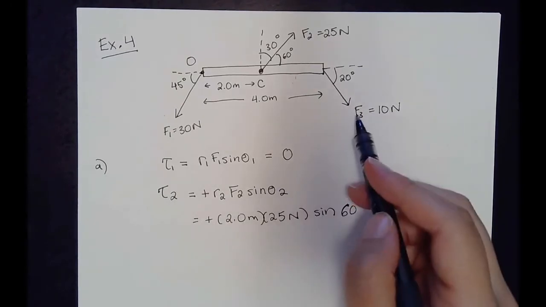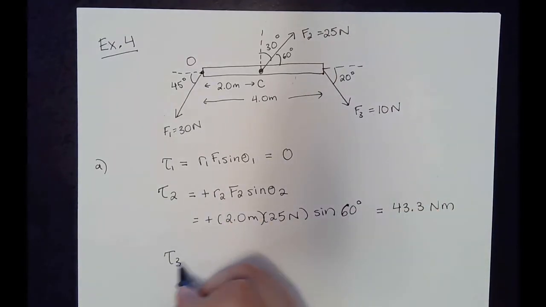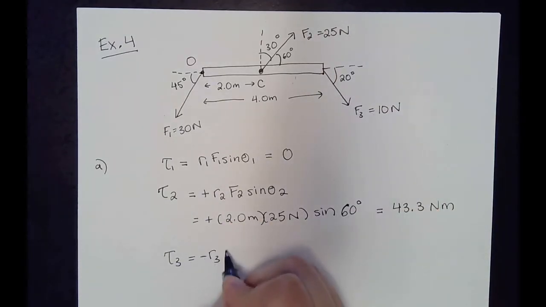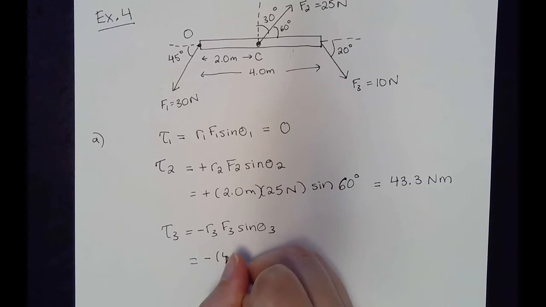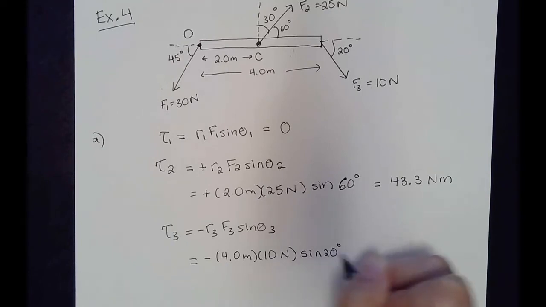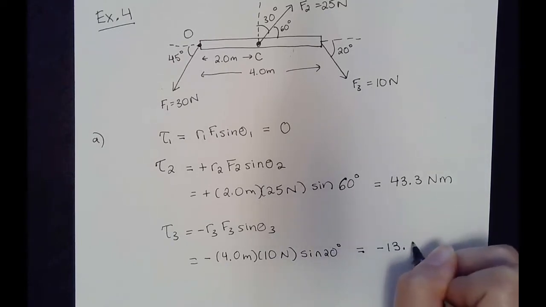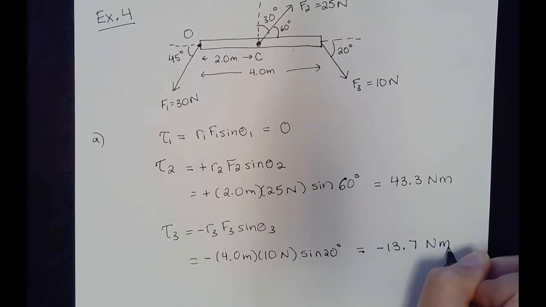Okay, now for this torque at the end, this would rotate the object clockwise, so torque 3 is going to be negative R3 F3 sine theta 3. So that's negative 4 meters times 10 newtons sine 20. So negative 13.7 newton meters.